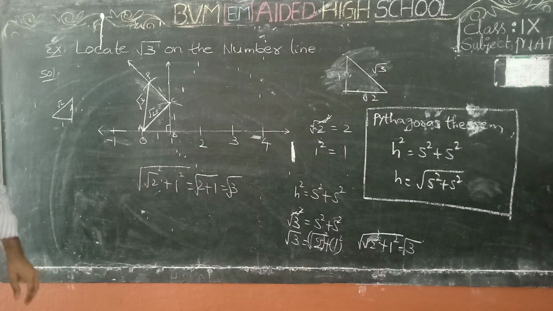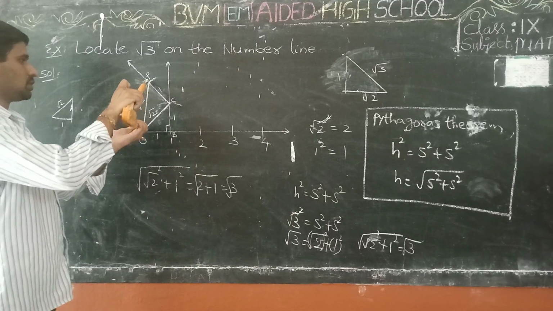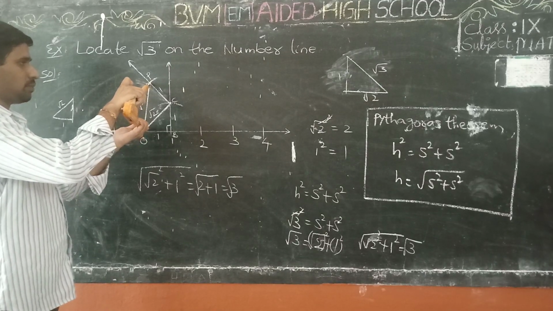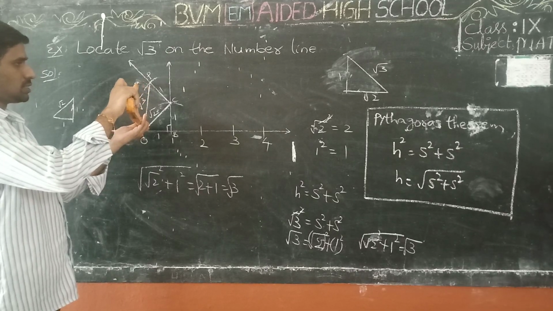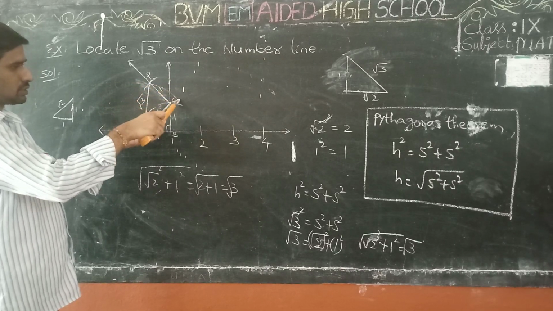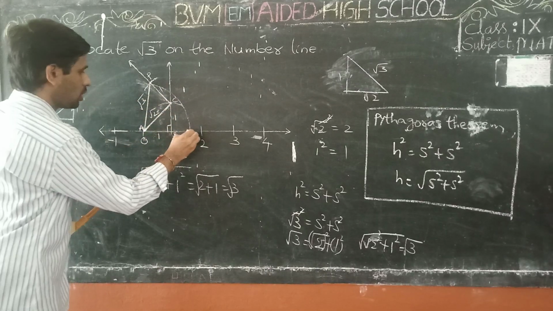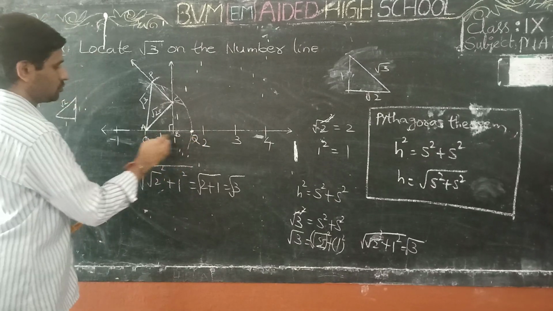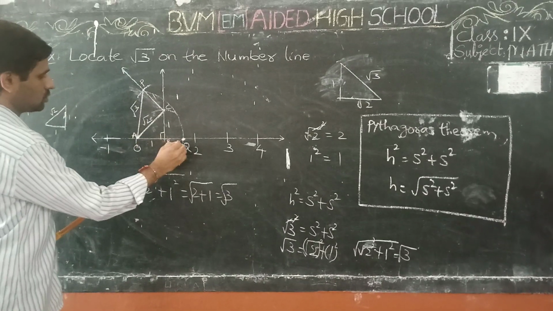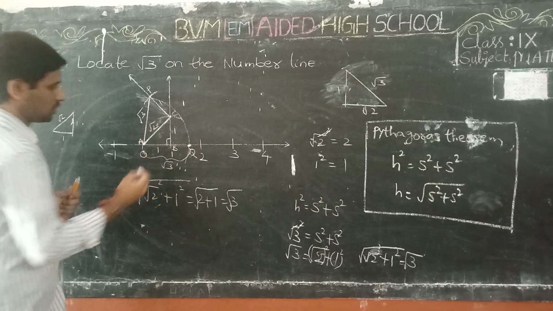But we need to locate root 3 on the number line, not on the right angle triangle. So measure this root 3 units. Using this radius, extend this arc on the number line. This point, you can name with any letter, Q. The distance between A, that means 0, and Q is root 3 units.